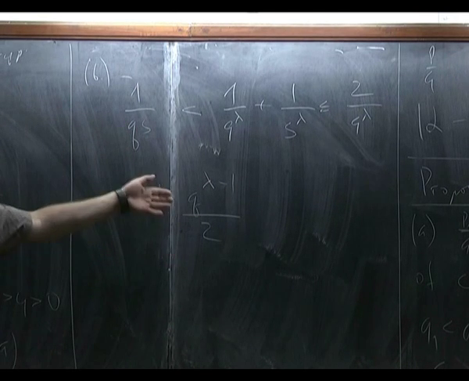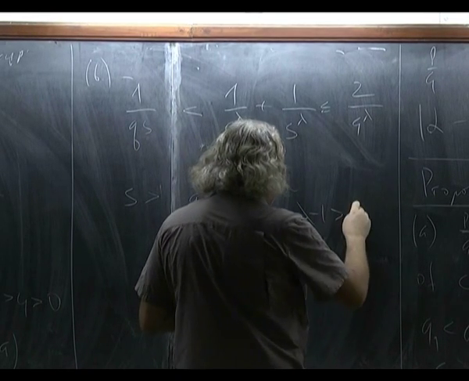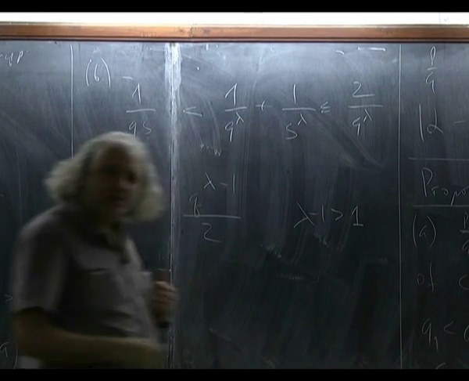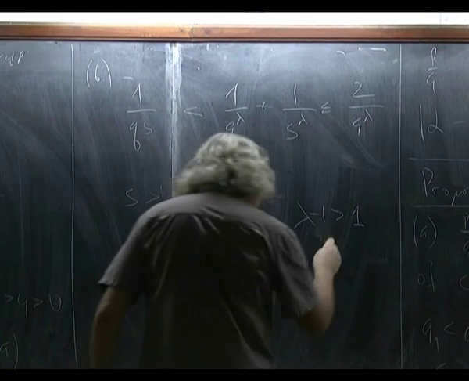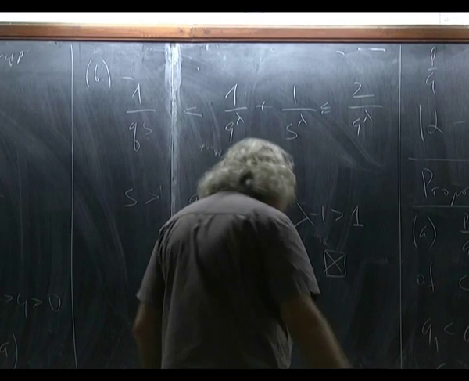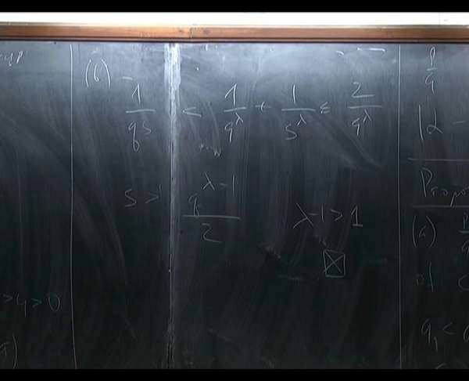And clearly this implies double exponential growth, since lambda minus 1 is bigger than 1. So we obtain this sparsity. They are very, very sparse.